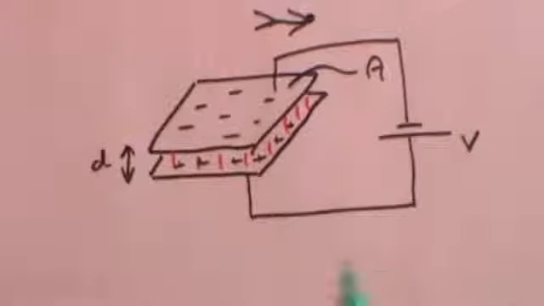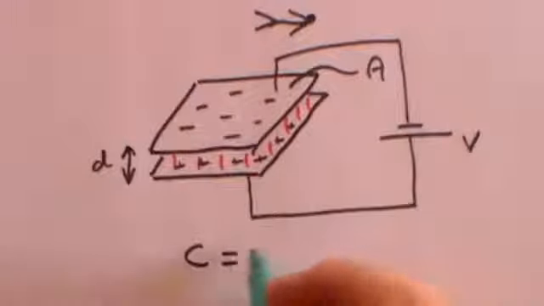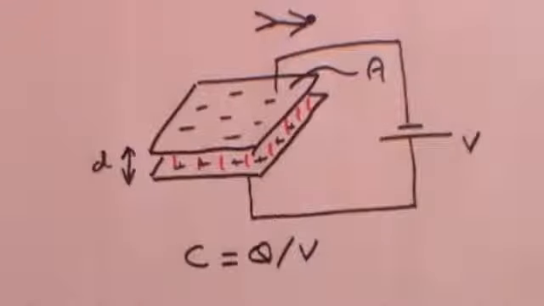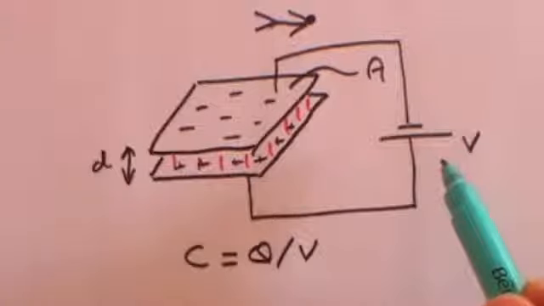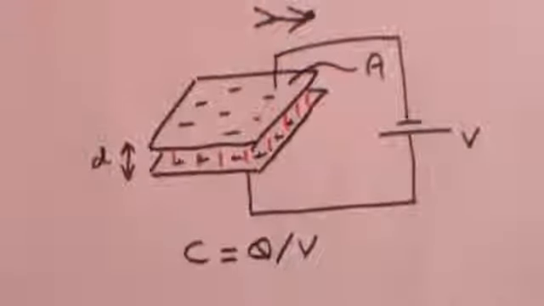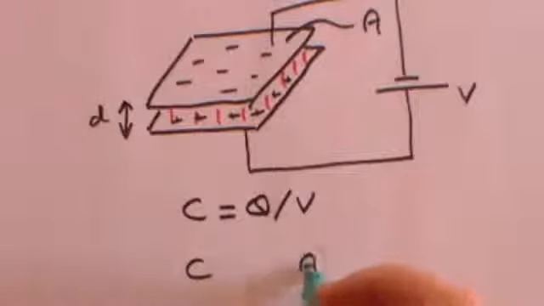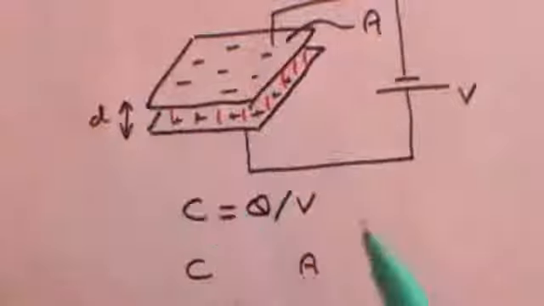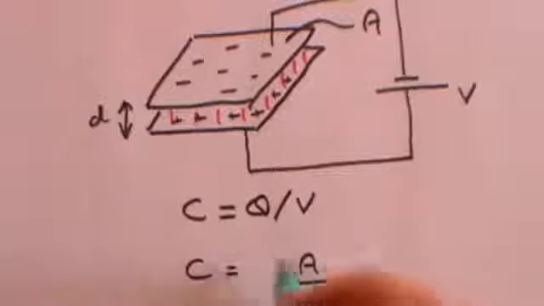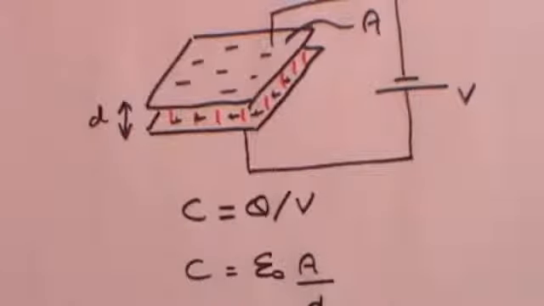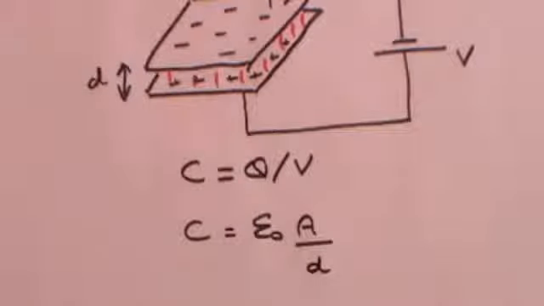From our video on capacitors, we established that the definition of capacitance was the amount of charge per volt. So it's the amount of charge on the capacitor determined by the voltage that is applied. We also learned that the capacitance was proportional to the area of the plate divided by the distance between the two plates, and the constant of proportionality was epsilon naught, the permittivity of free space.